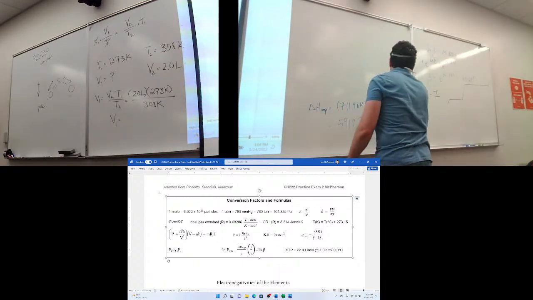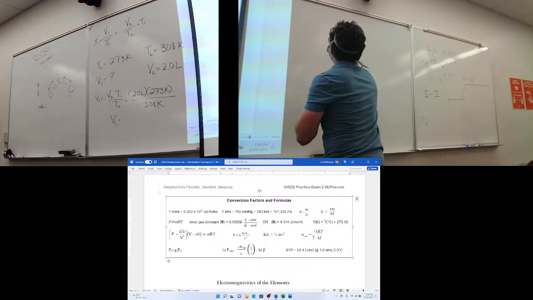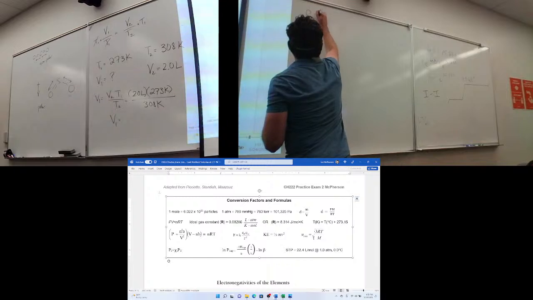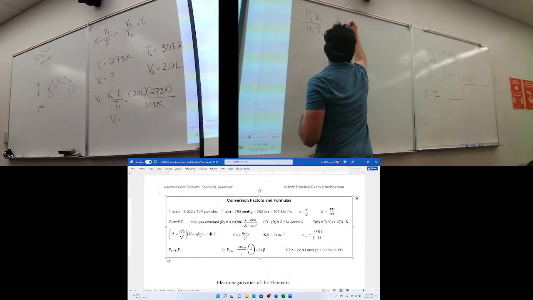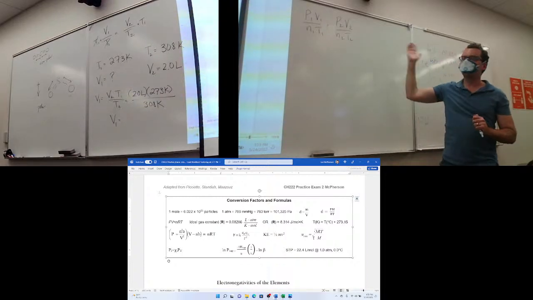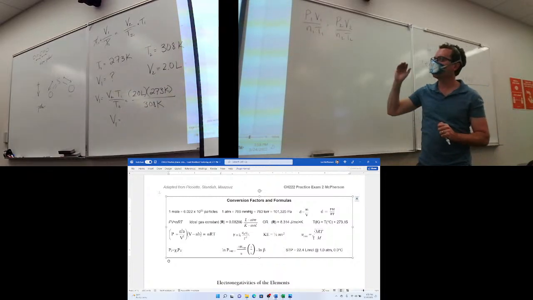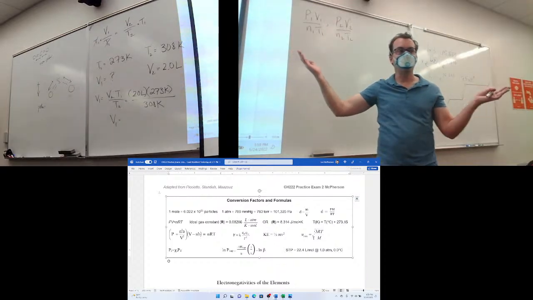I'm going to try to remember to give you this. So P1 V1 over N1 T1 is equal to P2 V2 over N2 T2. I'll try to remember to put that on there. And this can be used for everything because for Charles's law, at least in that problem, the pressure wasn't changing.